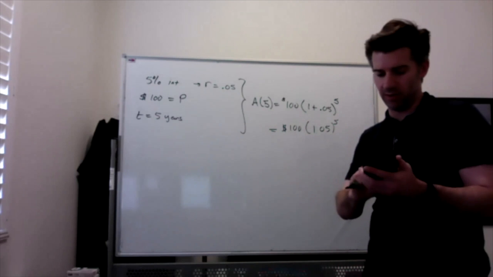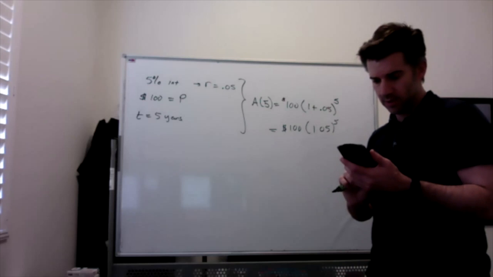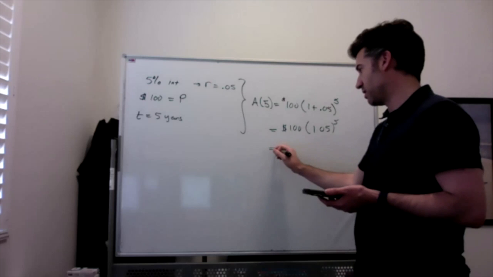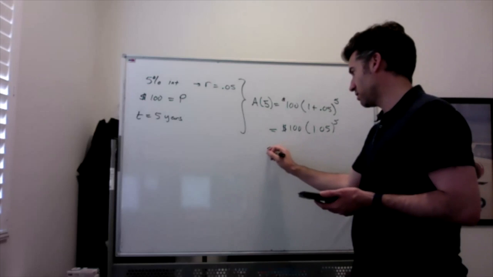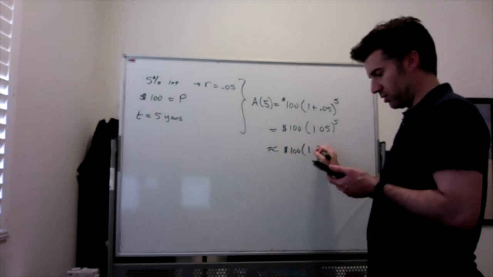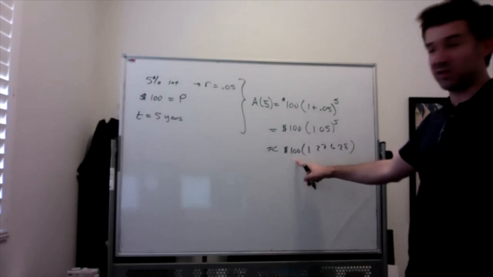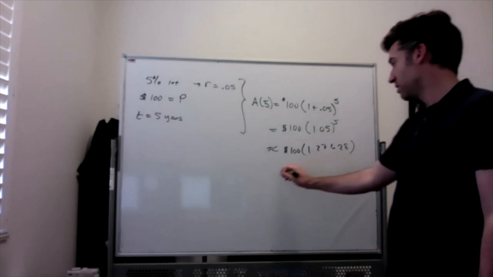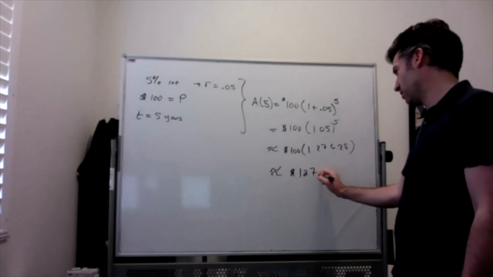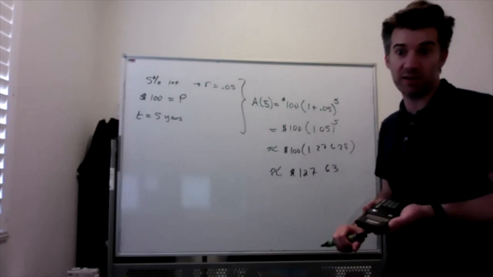I'm going to put it into the calculator. 1.05 to the 5th is 1.27628. So this is going to be approximately $100 times 1.27628. Multiplying by 100 is going to move the decimal over 2 places. This is going to be approximately $127.63. And that's what I got as my answer.